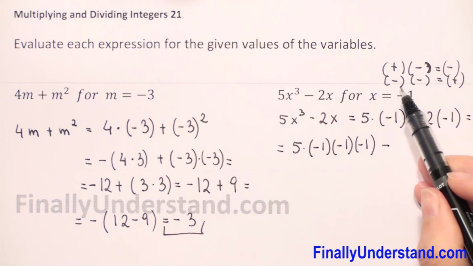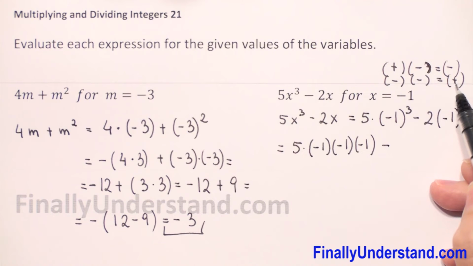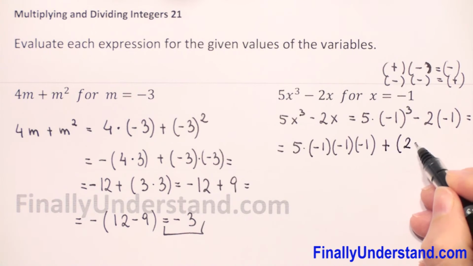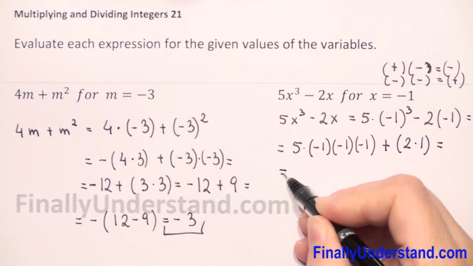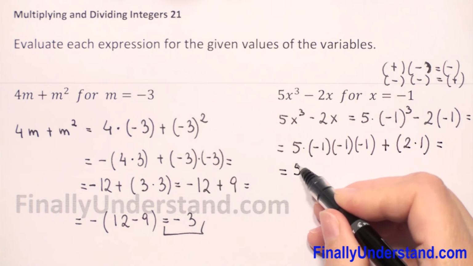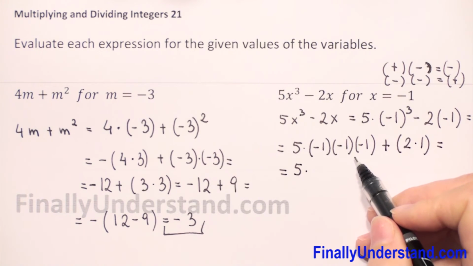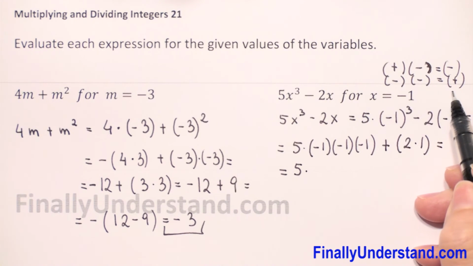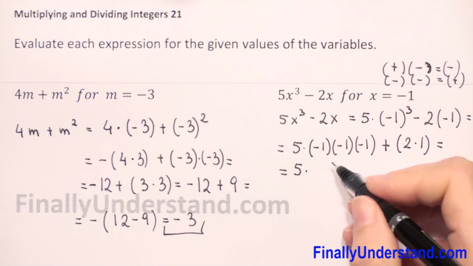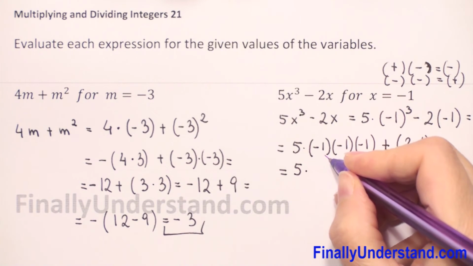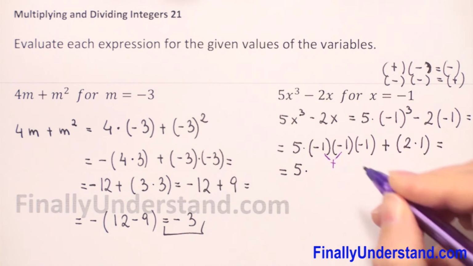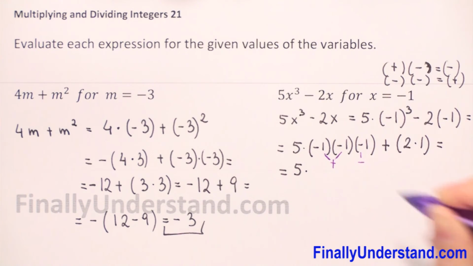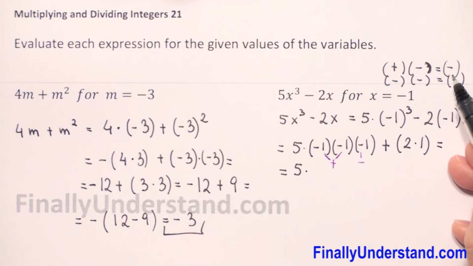When we multiply two negative numbers, the answer is positive. So we will have plus 2 times 1. So this is equal 5, let me copy, times, now we have multiplication only, negative 1 times negative 1, so negative times negative gives me positive, and so we have here, from these two numbers, a positive sign, but the last number is also negative, so positive times negative always gives negative.